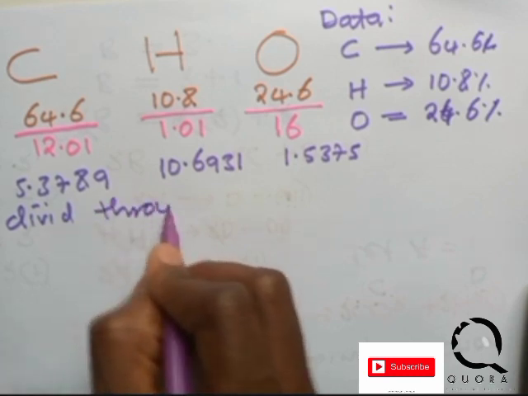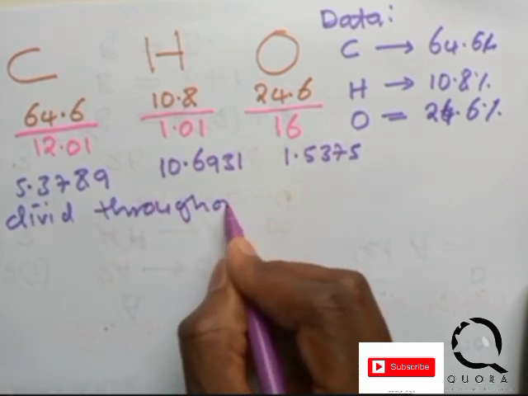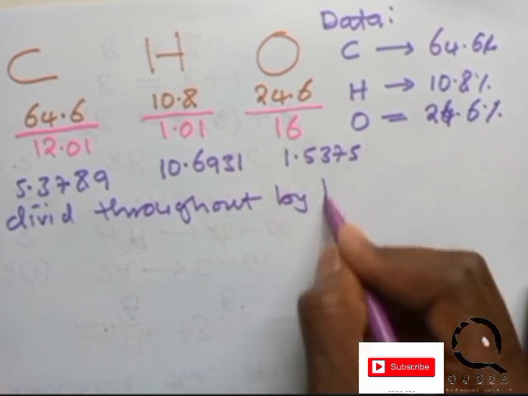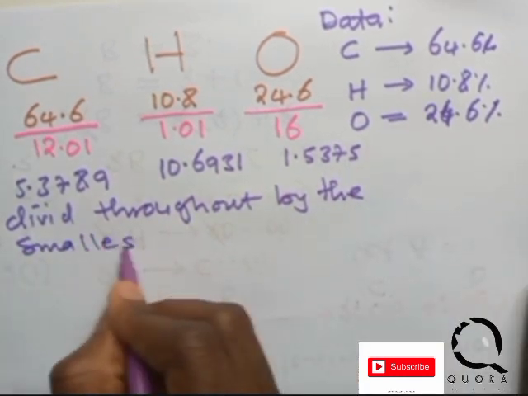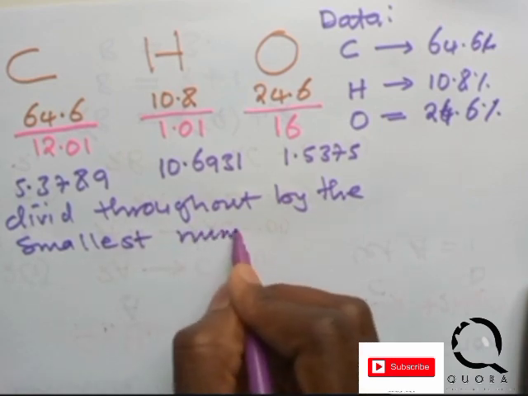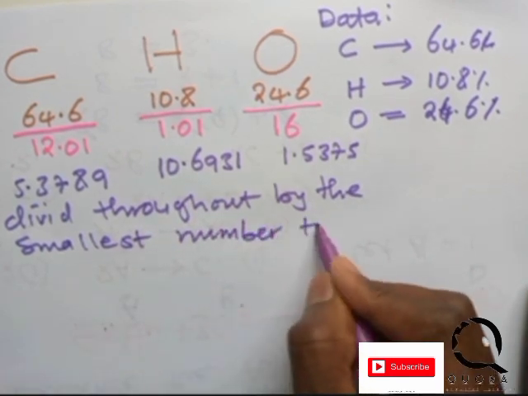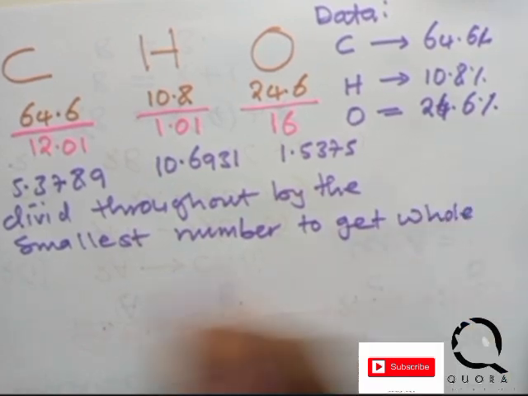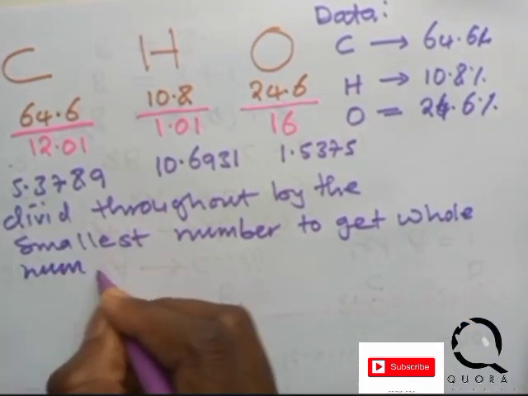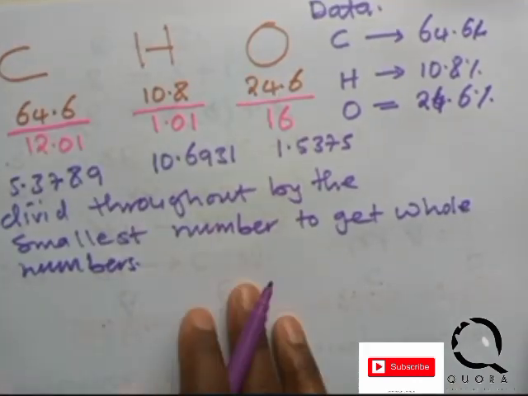Here, divide throughout by the smallest number to get whole numbers.